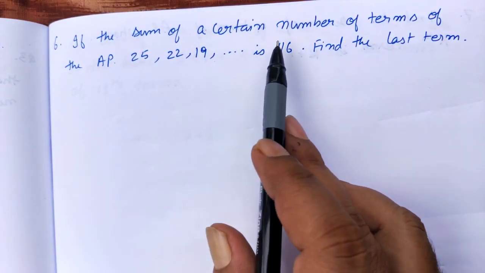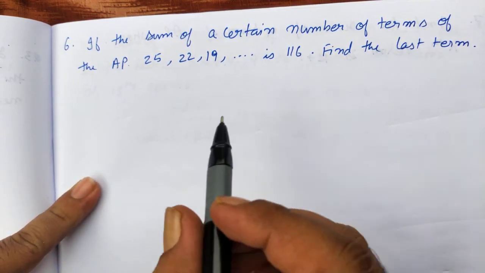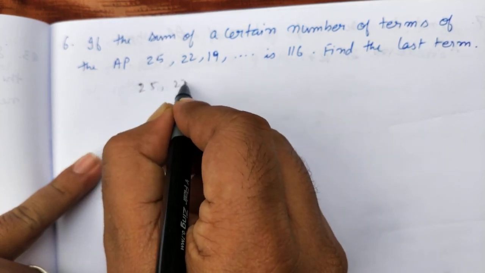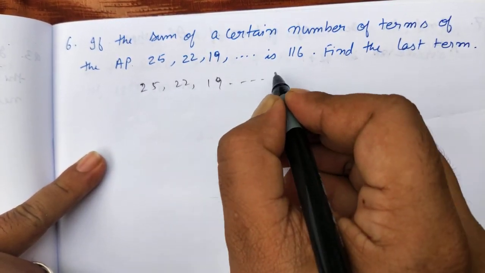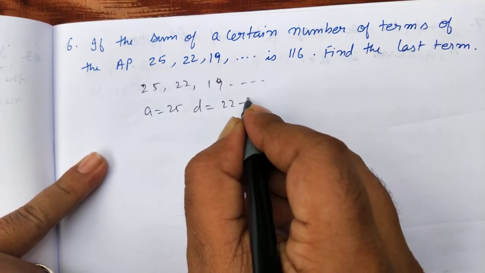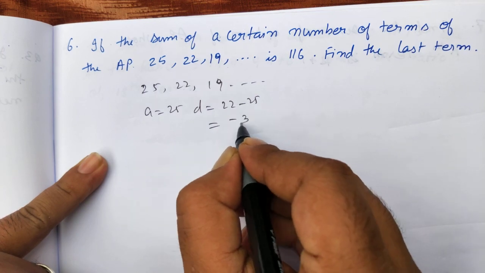Let's do the next question, question number 6. If the sum of a certain number of terms of the AP 25, 22, 19 is 116, find the last term. Here a is 25, d is 22 minus 25, that is minus 3.